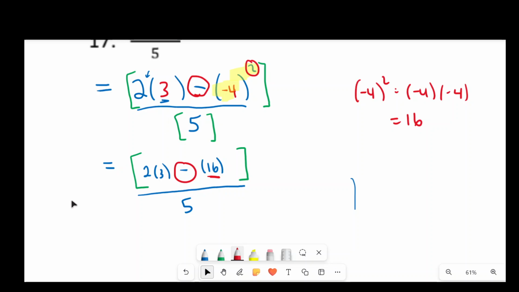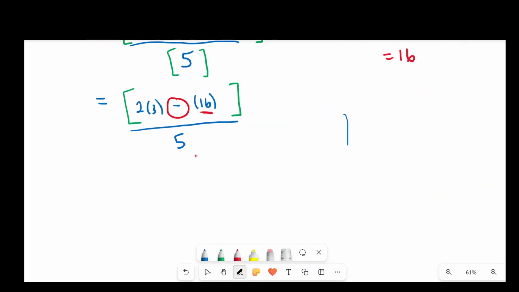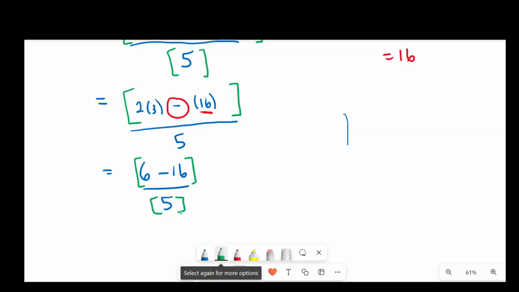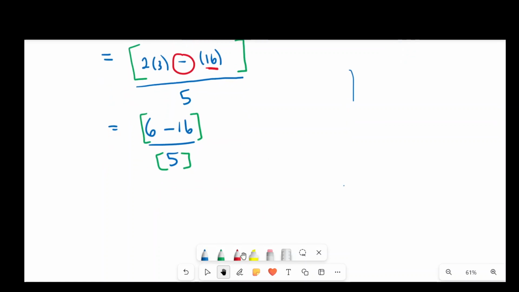So now what? Now in the numerator, I'm going to look for multiply, and I have 2 times 3. So 6 minus 16. And again, just because I like the visual of it, this is what I have to be dealing with. I need to completely evaluate the numerator before I worry about the denominator and how it's going to affect my number.